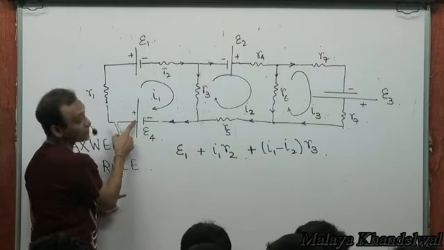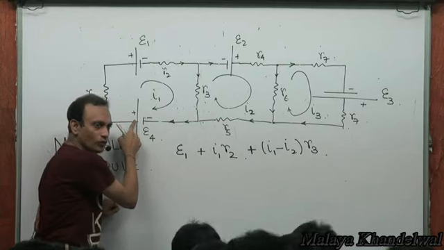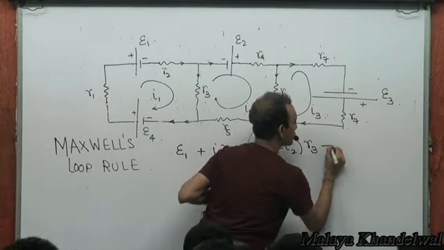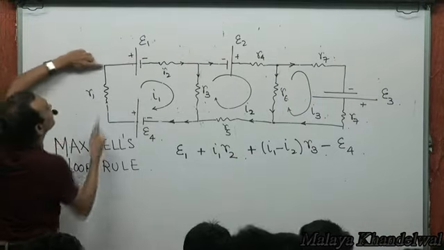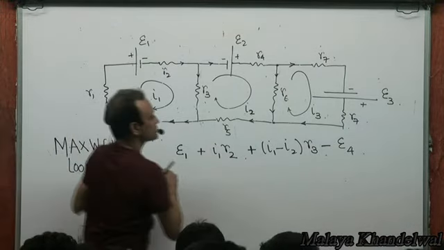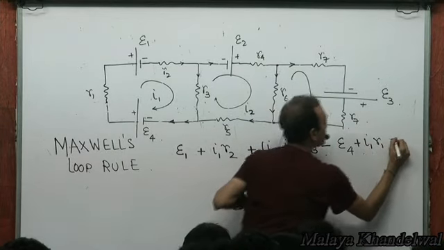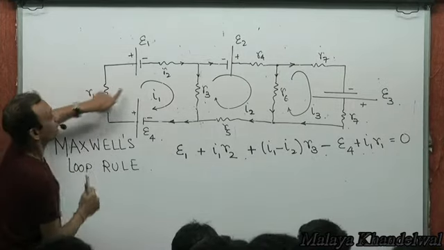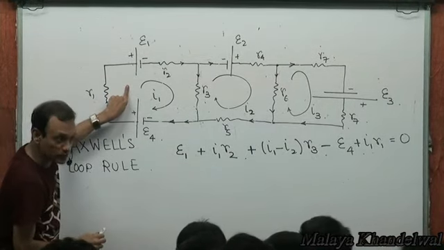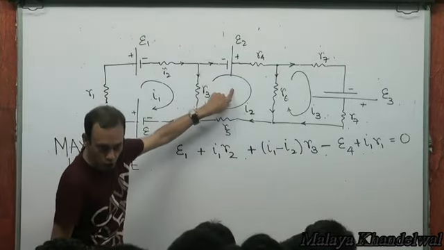There is an increase, so minus epsilon 4, yes or no? And then I go this way. I1 into R1 is the drop across this. The algebraic sum of these drops must be 0. That's KVL applied to this loop.